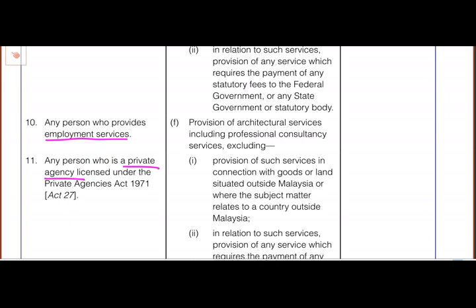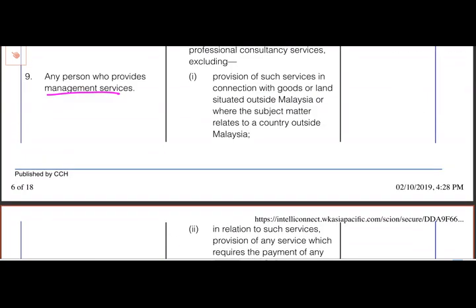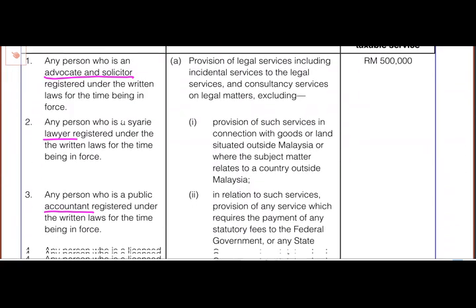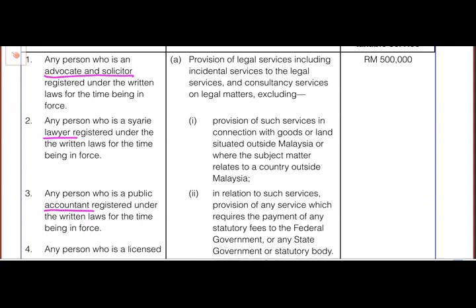Now these are the persons. What kind of services will be taxable? Then you have to go through the long list of taxable services, and you notice that they have a general exclusion. The general exclusion is like when services involve outside the country, then they don't have to impose.